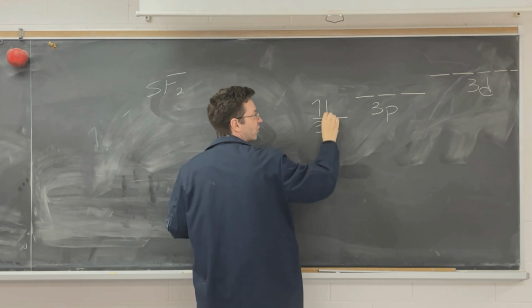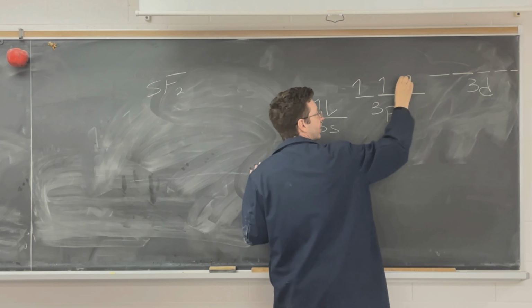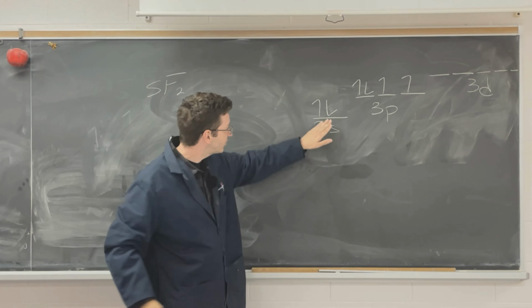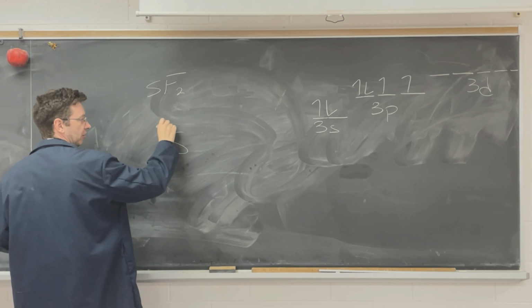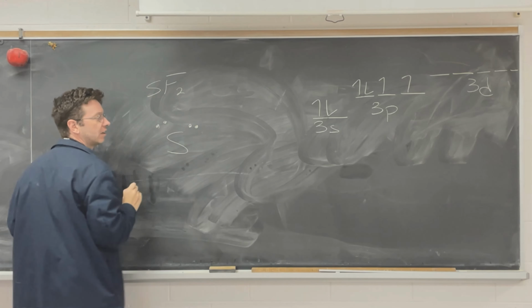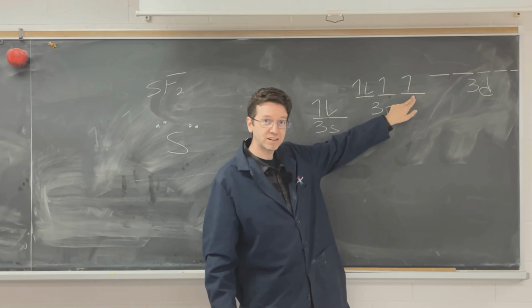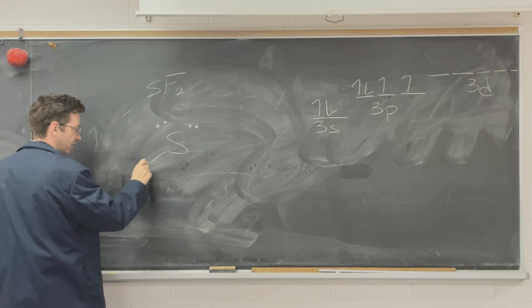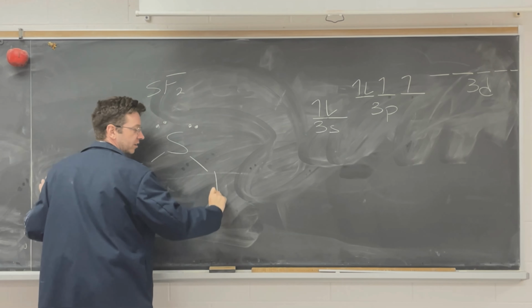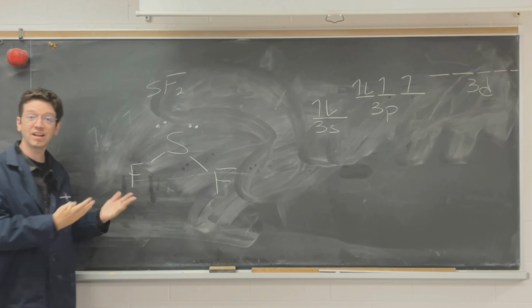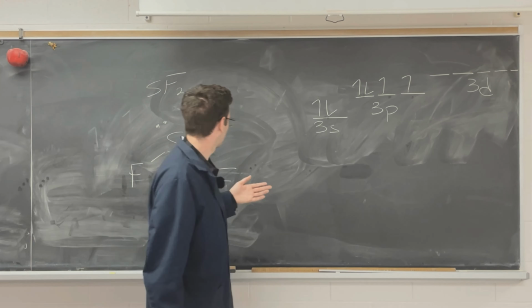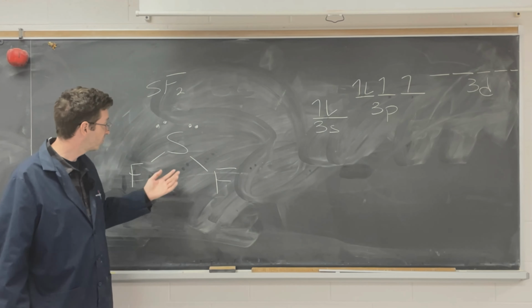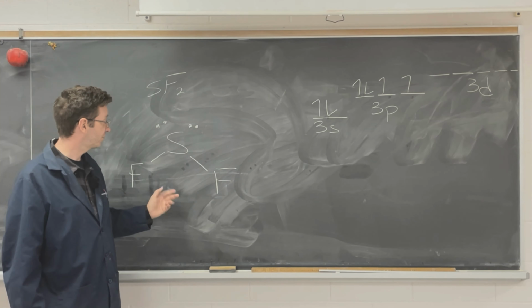For sulfur, we have this. So that means we have two pairs of electrons that are just chilling, and then we have two other electrons that are able to bond or be shared with another. So you could have this. Okay. Now oxygen, which is in the same group as sulfur, can do this as well.